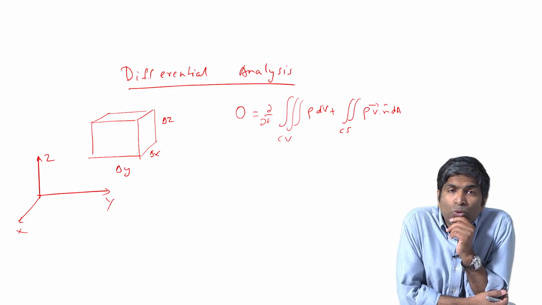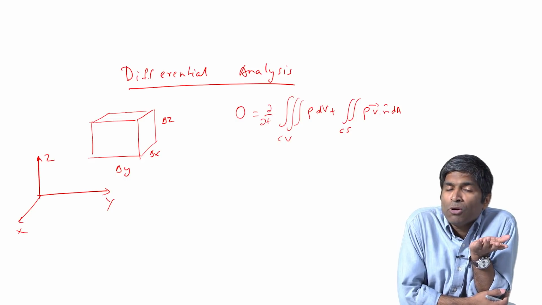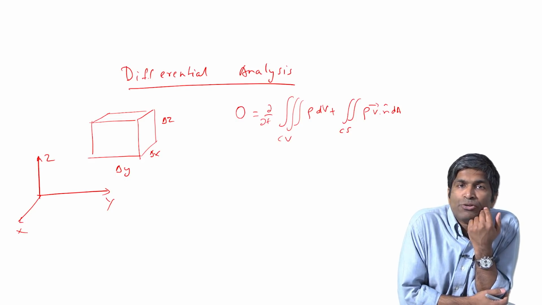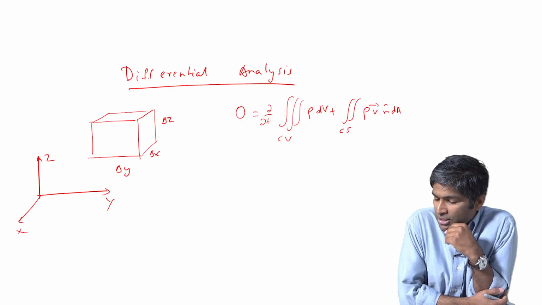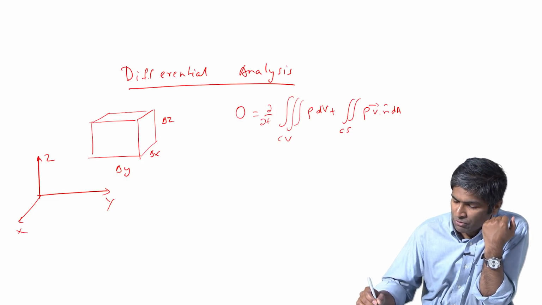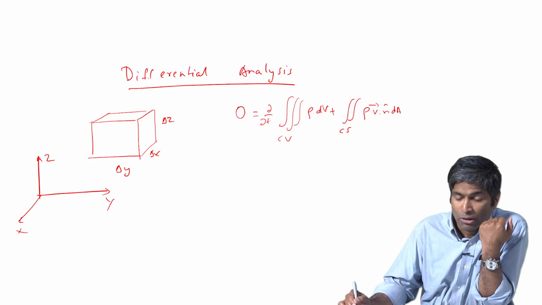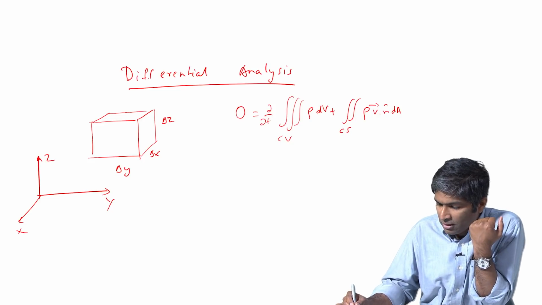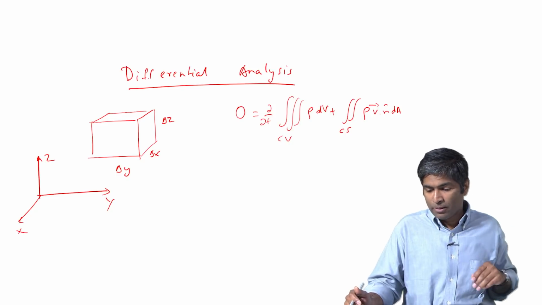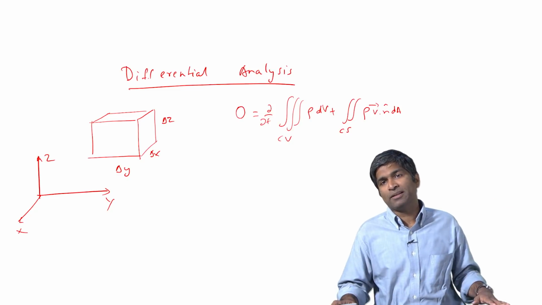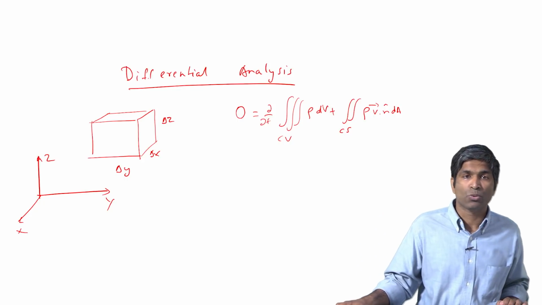Now, this essentially follows from Gauss's divergence theorem, which we took a look at in the very first week of class. I could apply Gauss's divergence theorem and directly write this out and get the final form. We are not going to do that because while that's mathematically correct, it doesn't really give us insight into what's going on.